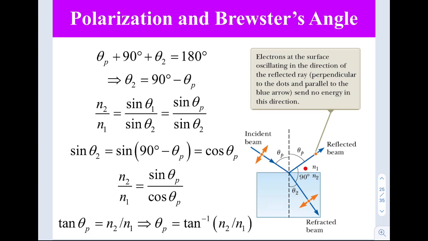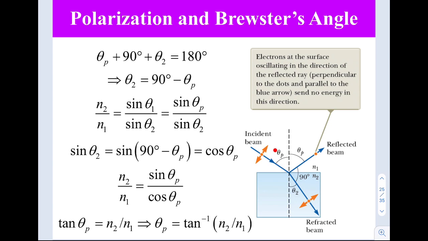At this particular angle of incidence, the reflected beam is completely polarized, with its electric field vector parallel to the surface, and the refracted beam is still only partially polarized. The angle of incidence where this polarization occurs is called the polarizing angle, or theta p.